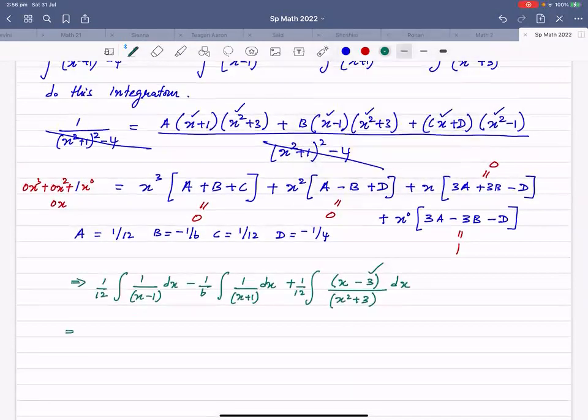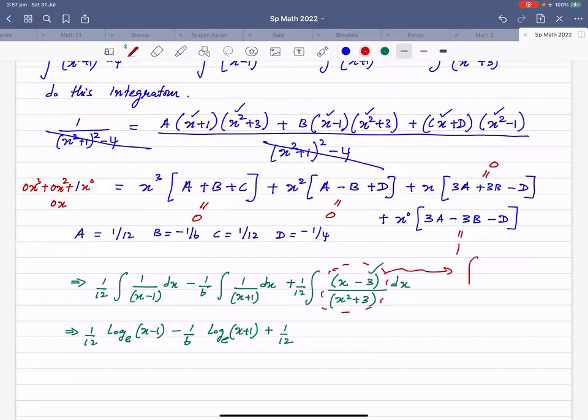Then this is going to be 1 divided by 12. This is log e x minus 1 plus minus 1 divided by 6. This is going to be log e x plus 1. Then again plus 1 divided by 12. So look at this structure. This structure is like this, right?